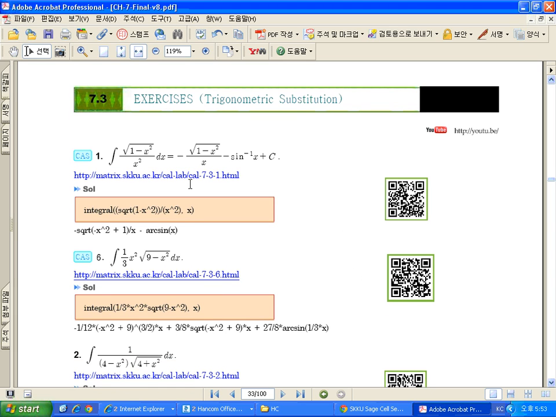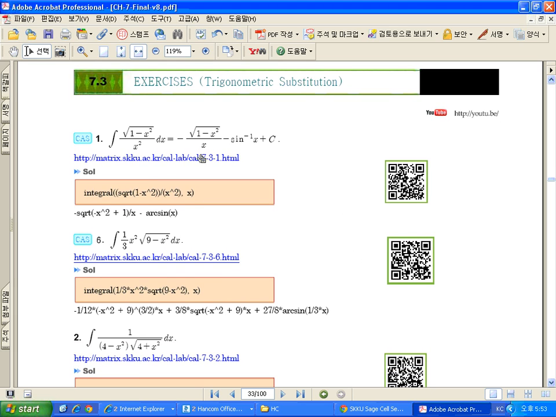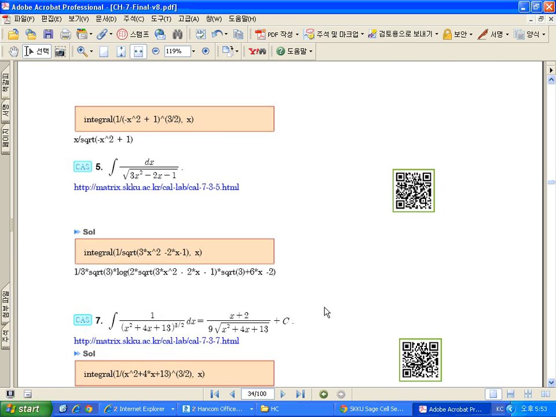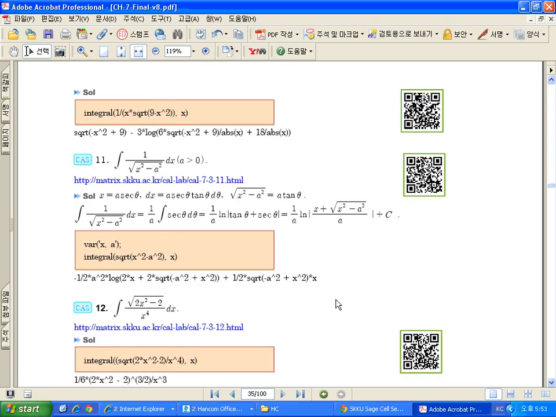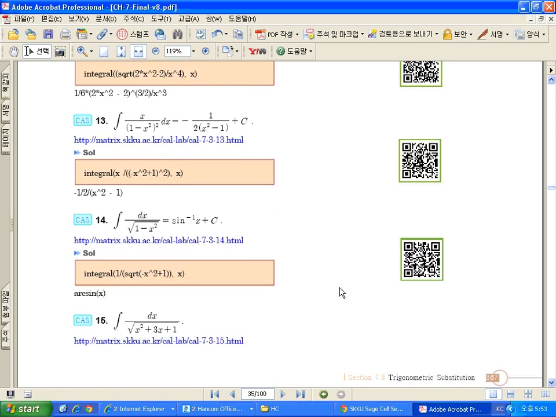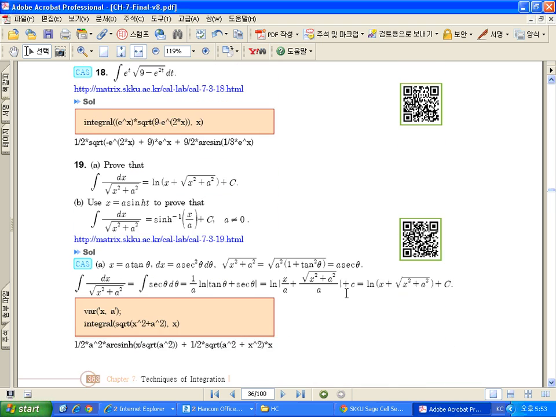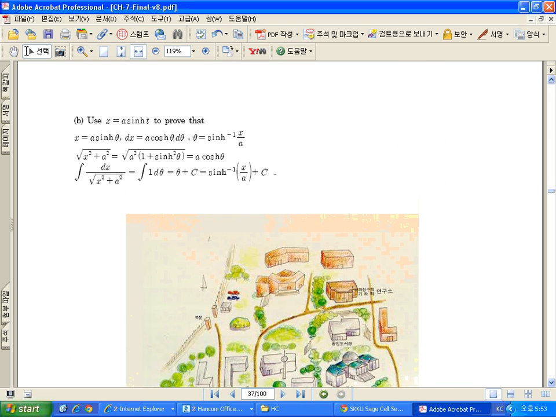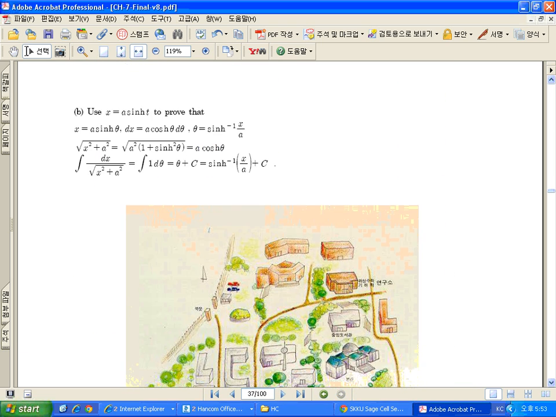The others are problems on integration of trigonometric functions with the various trigonometric substitutions. Here most of the problems are already solved, so you may just go through them once beforehand and find out some interesting things.